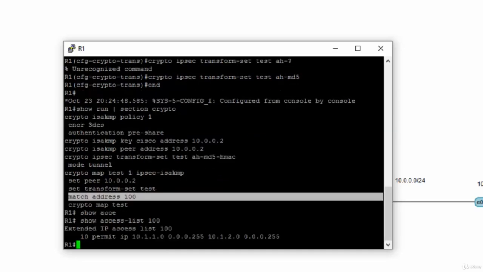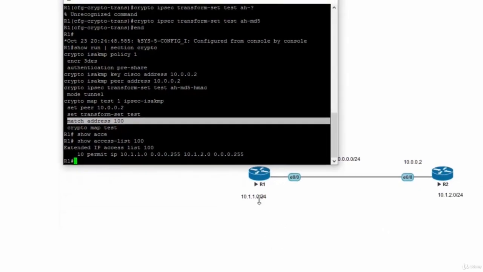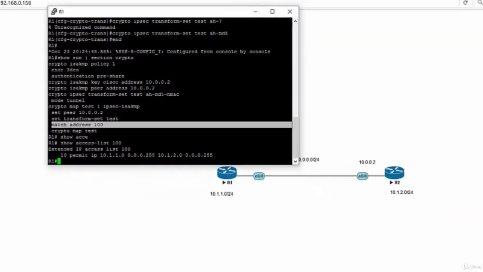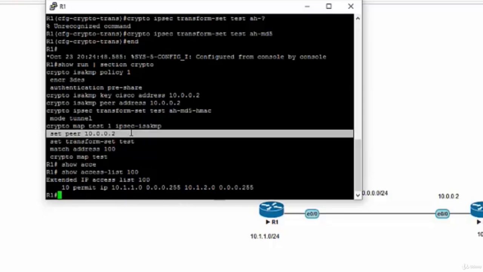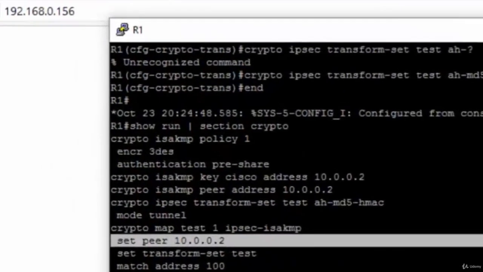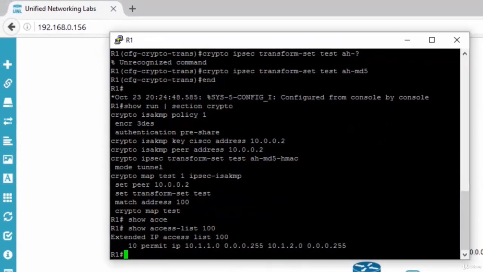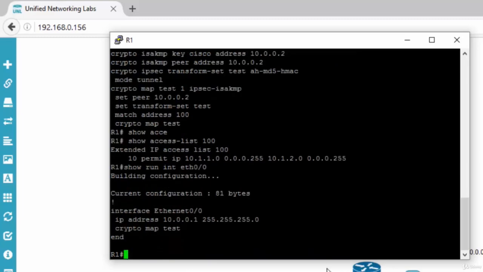The access list is using wildcard mask and specifies if the packet source begins with 10.1.10 and the destination begins with 10.1.20, then it will go to that peer. It will reach the peer 10.0.0.2. We attach this crypto map to interface Ethernet 0/0. So router 2 has the same configuration but flipped to the opposite direction.